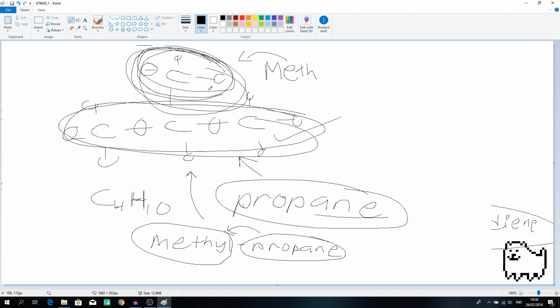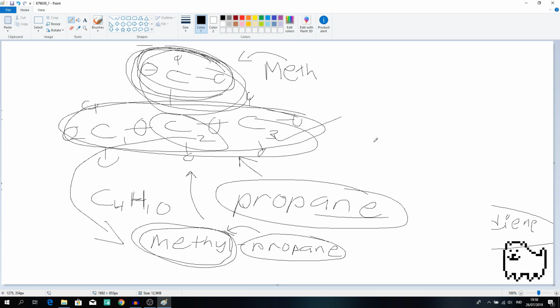So if we were to attempt to number these carbons, we would see that this methyl group is attached towards the 2nd carbon over here. So we also have to include that in the name.